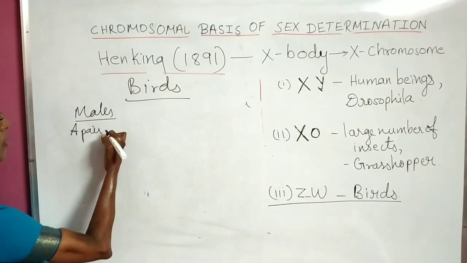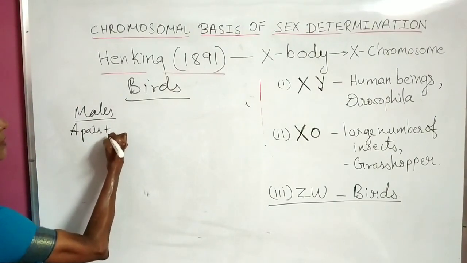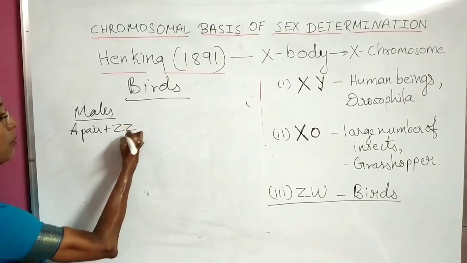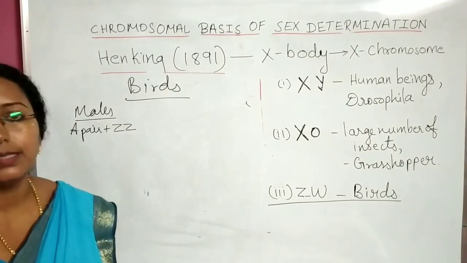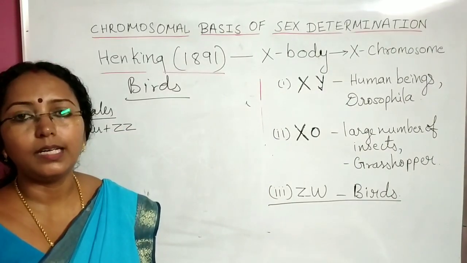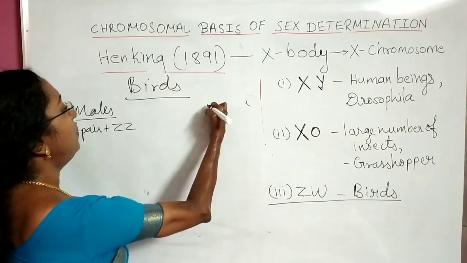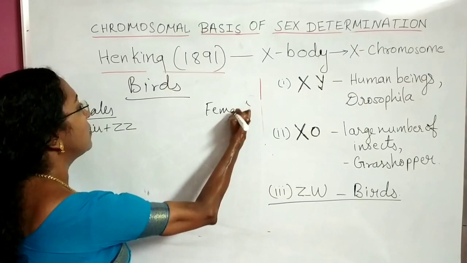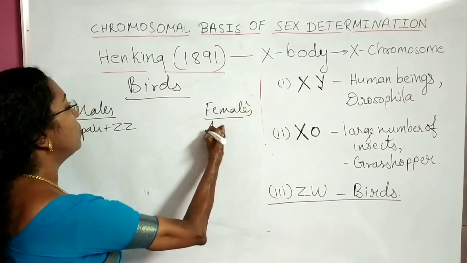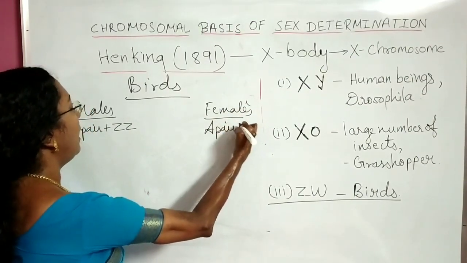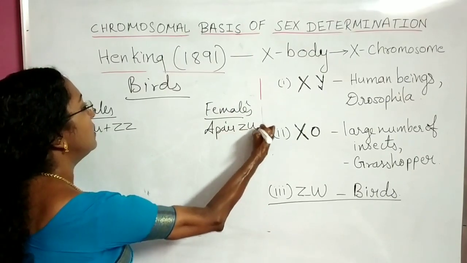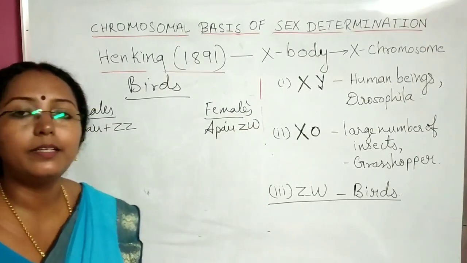So autosome pair will be there, plus males have ZZ type. ZZ, that is, the chromosomes are the same. But females have an autosome pair and ZW type. Their chromosomes are different.